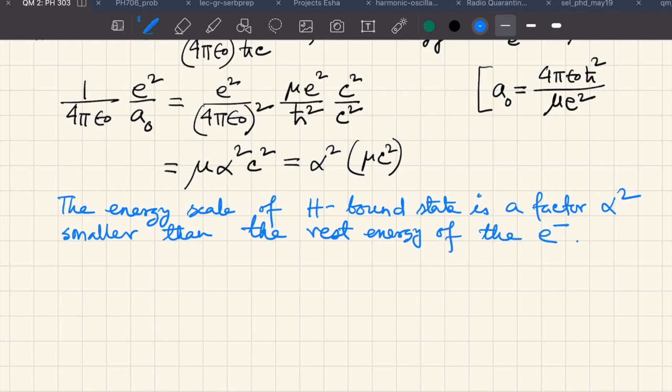I am denoting everywhere electron by e minus. And if you want to look at the magnitude of this smallness, it is about 19,000 times smaller.